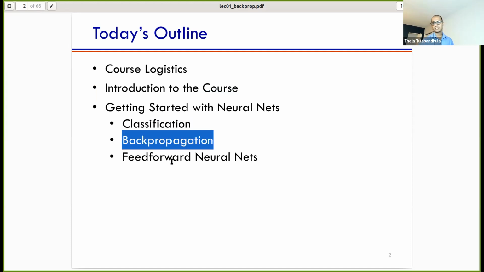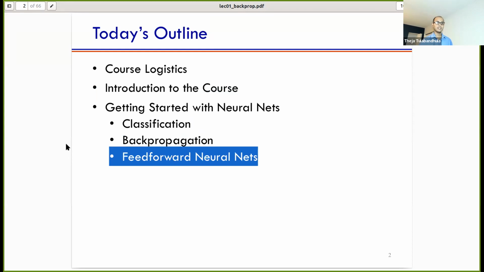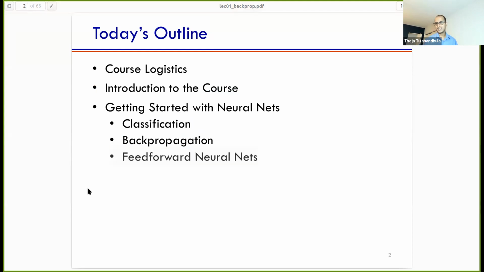The last one, although it says feedforward neural networks here, is just about why logistic regression can fail even for a two-dimensional data set. It's a synthetic example, but you'll get a feel for the power of something like a deep learning or neural network model.